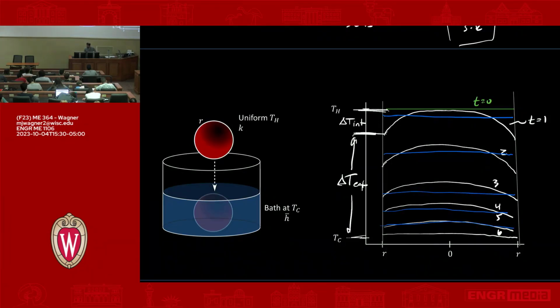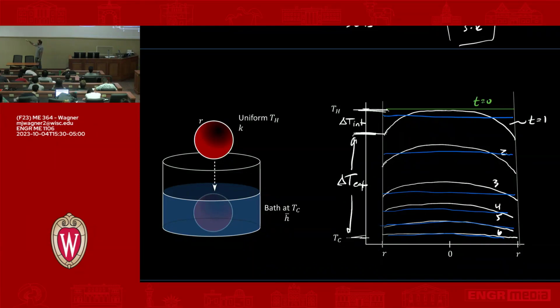And where's the error in this? What's wrong with doing this? It's not that wrong if all you're trying to do is predict the heat transfer out. If you're trying to predict the difference between the surface temperature and the internal temperature, this is wrong.